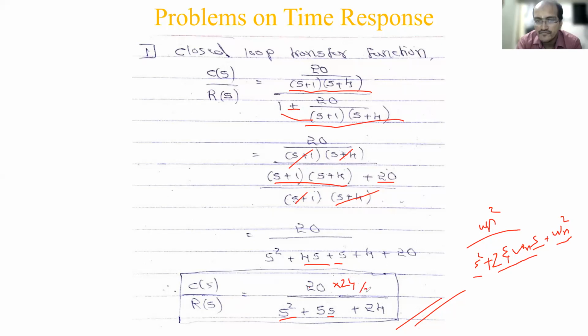So I will keep this 24 as it is to bring it in a standard form, and this 20 by 24, I will take in the calculator as a constant. I will keep it separate from this function, I can keep it outside. So then at least 24 by s square plus 5s plus 24 looks like a standard transfer function.